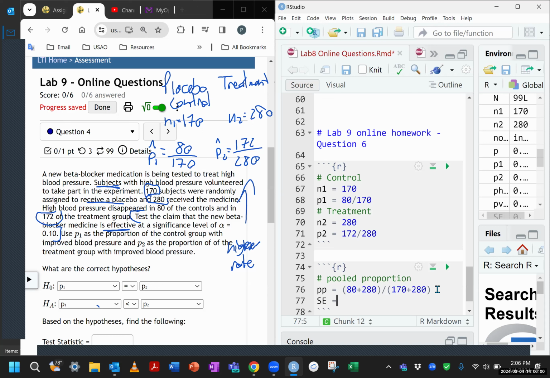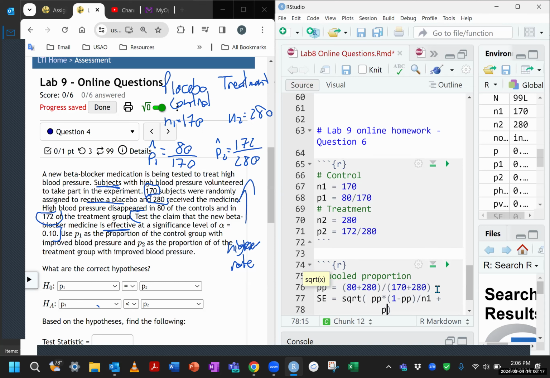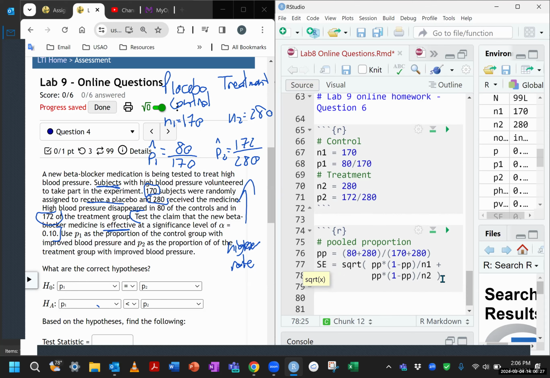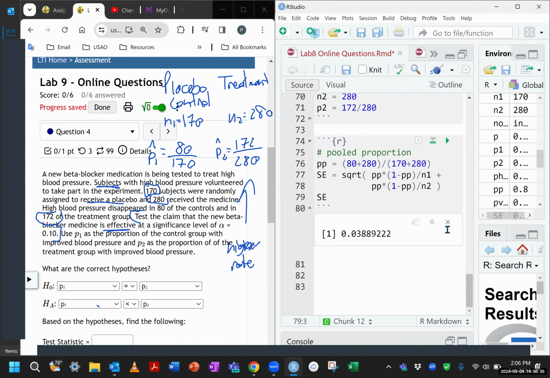And I'm going to use that to calculate my SE now. So the SE for this pooled group is pooled proportion times 1 minus that divided by N1. So that's the variance for the success of the first group. And then I'll say the pooled proportion, I like to align this, 1 minus pooled proportion divided by the size of the second group. So that's just the formula. You can also copy paste that from before. So I'm going to check out what that variance is, run these two chunks. Or standard error. That's my standard error.